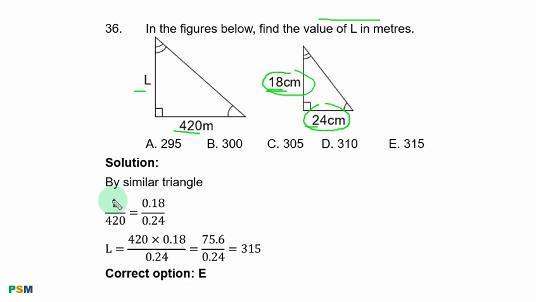So you have L over 420 equal to 0.18 over 0.25. If you make L the subject, you have this result, and 315. The correct option is E.